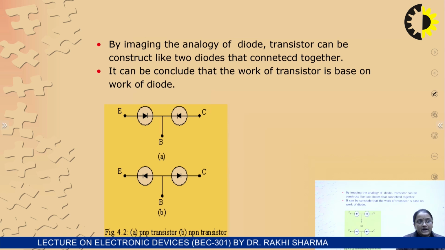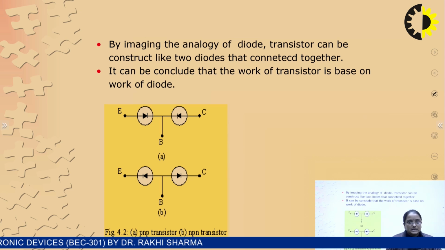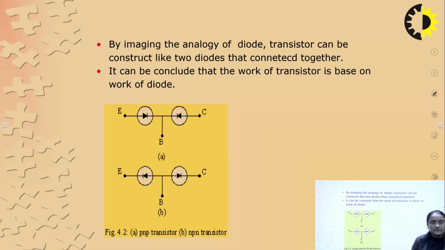So in refined manner, the two diodes placed back to back finally give us the BJT, that is an NPN transistor or a PNP transistor, that I have depicted in figure A and figure B. Figure A is depicting the PNP transistor and figure B is depicting the NPN transistor.